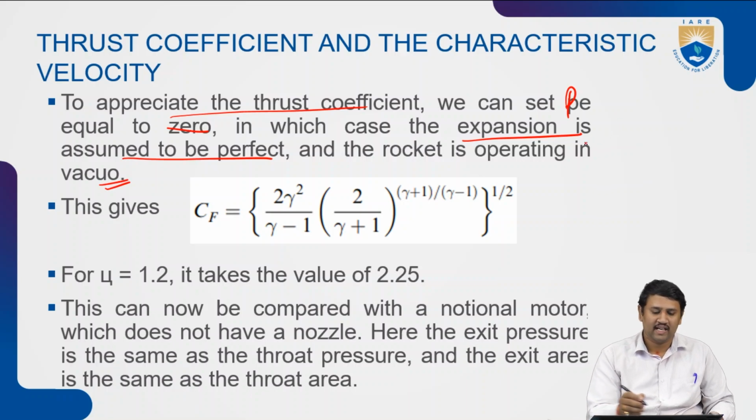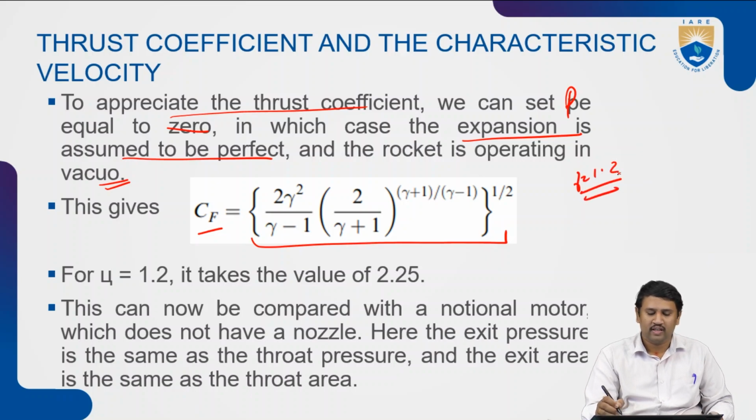This again gives the thrust coefficient in this form, and for gamma equal to 1.2, the thrust coefficient takes a value of 2.25.